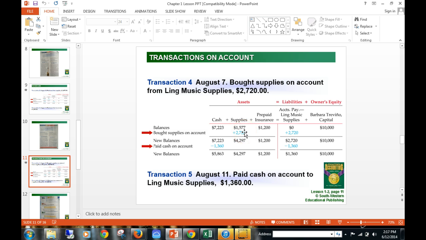So if we add to this side and we add to this side for each account that we have, it still equals, well, it doesn't equal $10,000 now. It equals $12,720 on each side. So they still equal. Assets still equal liabilities plus owner's equity.